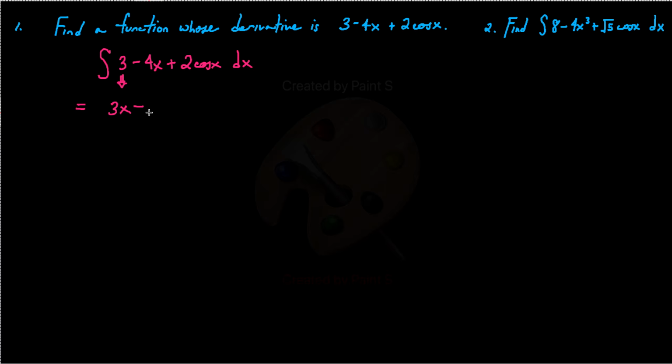And the way you do this is you take out that 4, and then you think of the antiderivative of x to the 1. It is equal to 1 plus 1 on the top as an exponent, divided by that same value. And then, of course, plus c, but we'll deal with the plus c at the end.